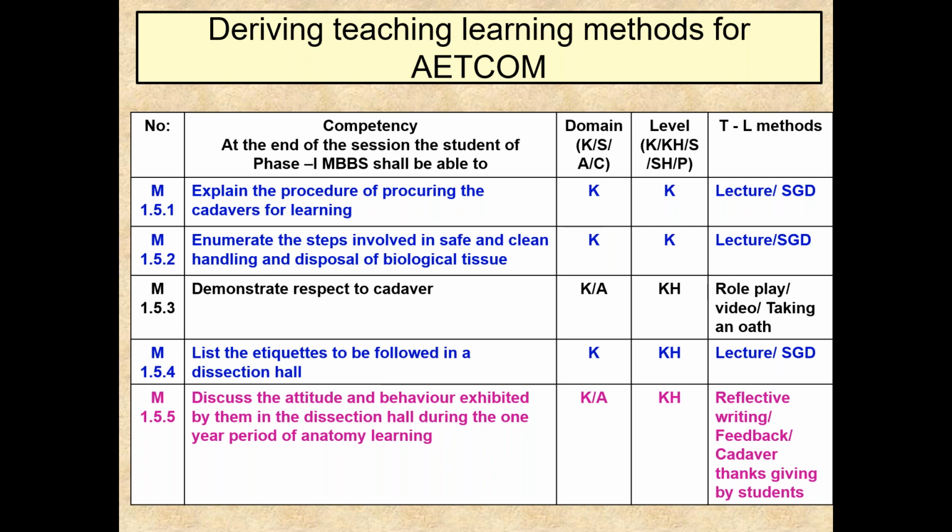That can be done like a reflective writing by the students, a feedback from the students. And we can also give feedback on where they went right and where they went wrong. You can appreciate them as well as guide them about their pitfalls.